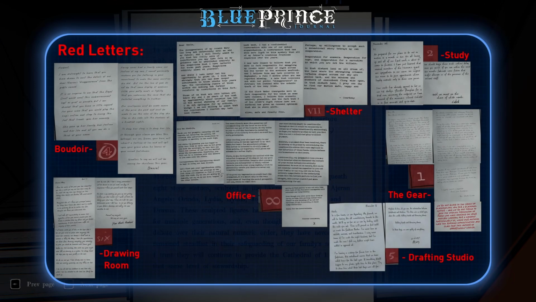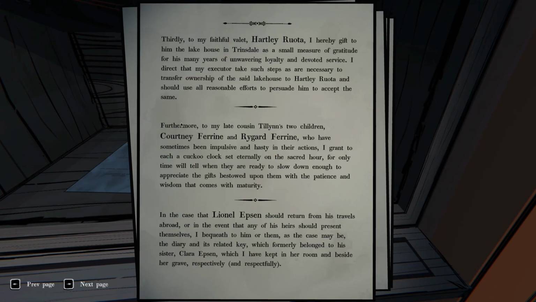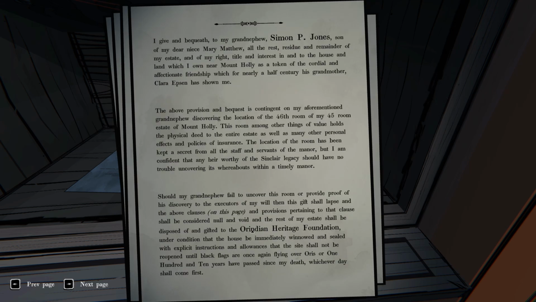Right here. Courtney. Which means it was Courtney Therin who sent that letter. Interesting. So if I don't get the house, it's going to be sealed completely until either there are black flags flying over Oris again, or 110 years pass.